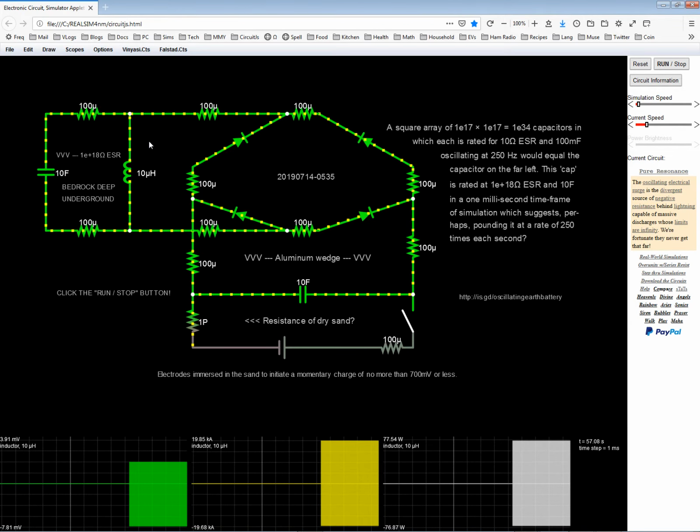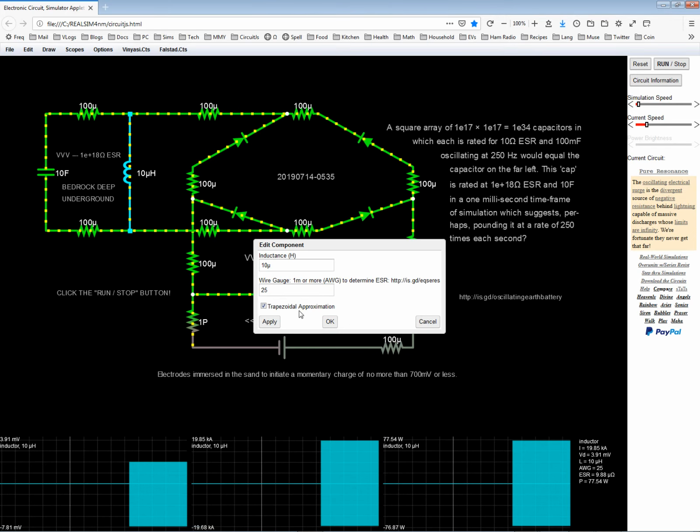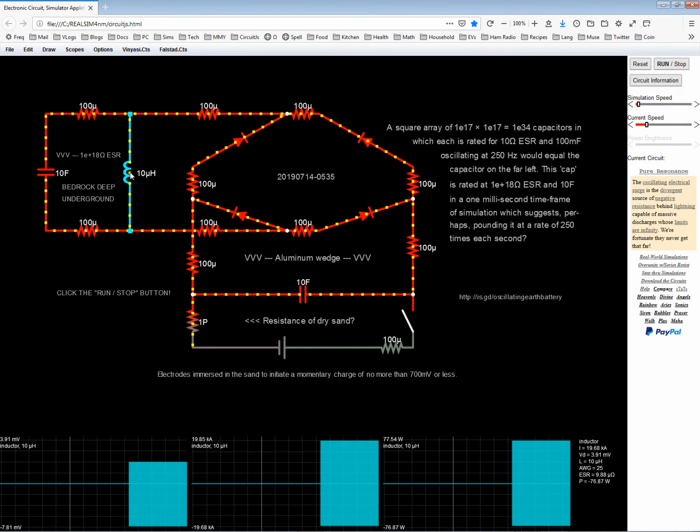So I put it in by using wire gauge charts, and we can see here that I use a default figure of 25 AWG. You can change that, and that'll change the resistance of your length of wire. I didn't use anything like 70 gauge in this example. Just 25.